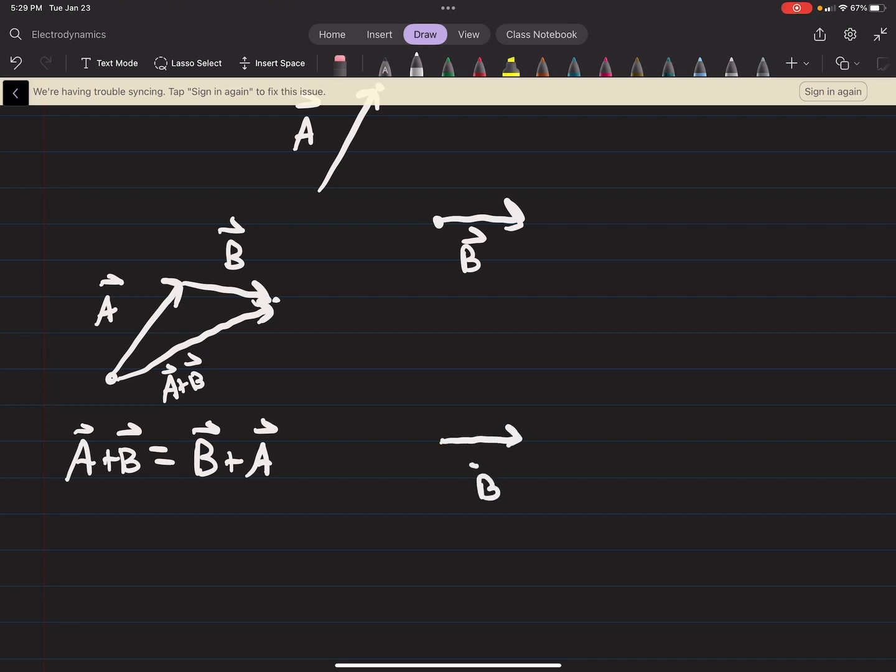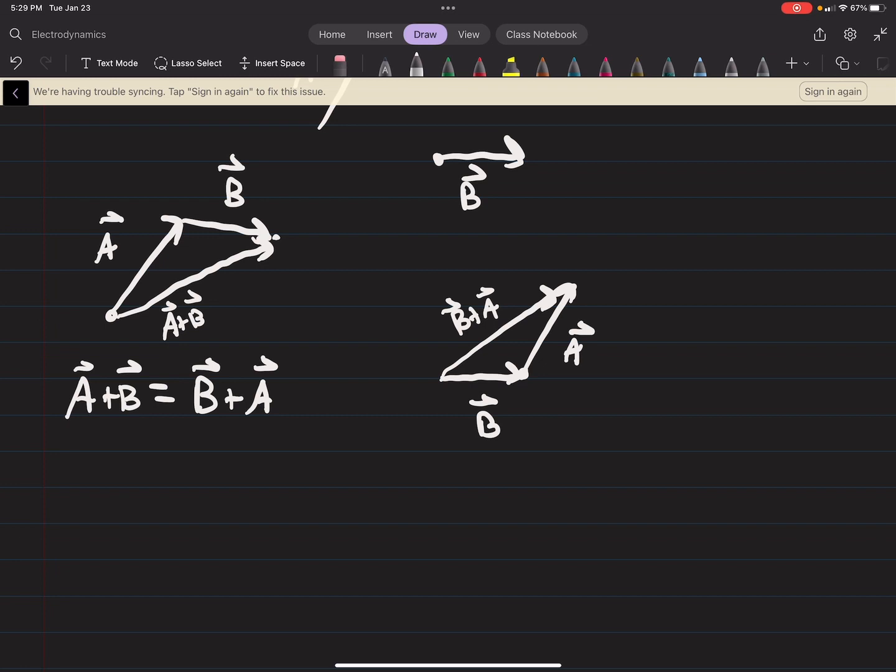Say you have vector B, and then we want to put vector A to do something like this. This vector is B plus A. You can't quite just judge by looking at it, but those are actually the same vectors there.